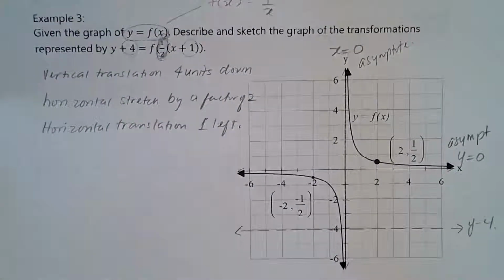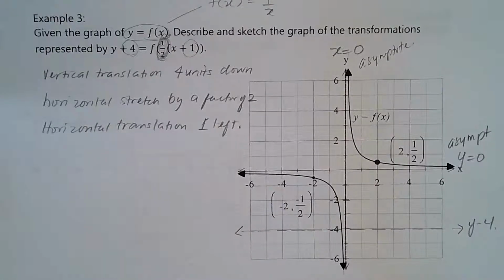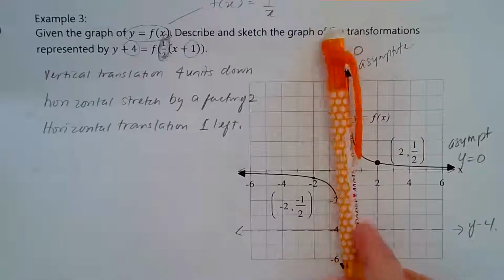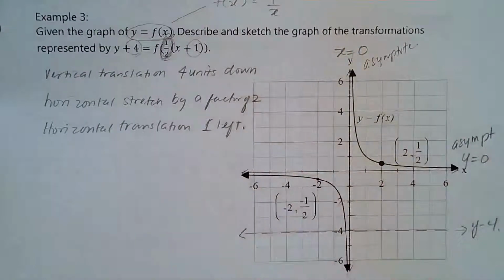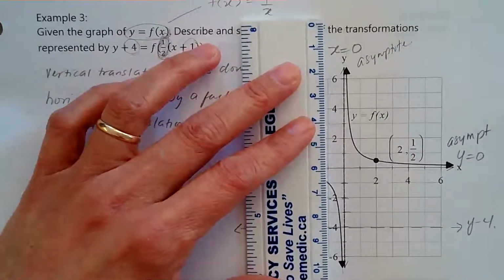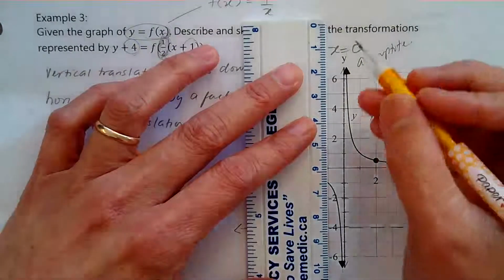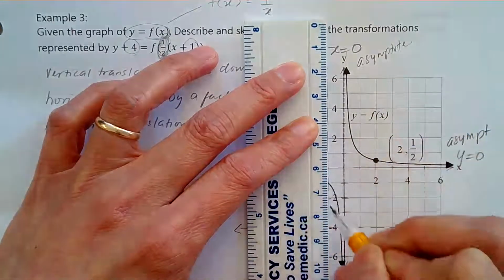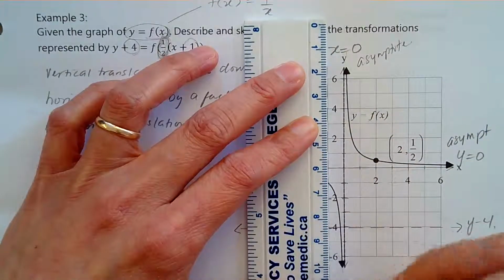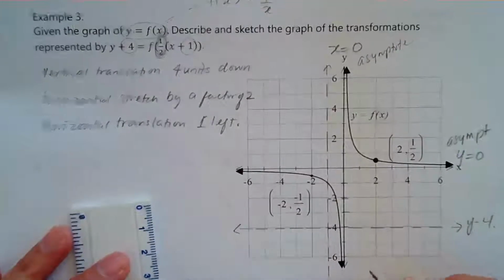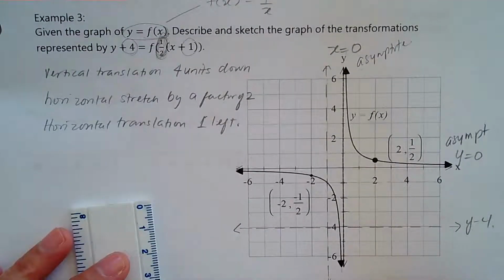So which asymptote is getting affected? The x equals 0, 1 left. So it kind of goes this way. So the new asymptote is x equals -1.